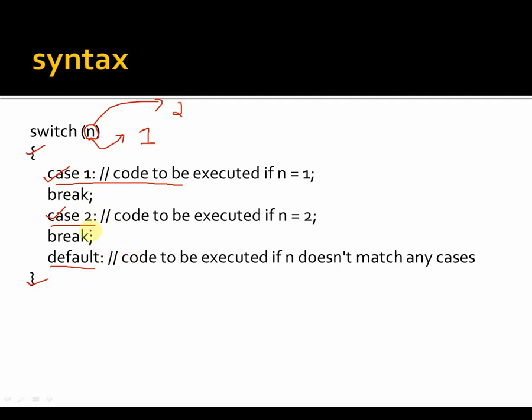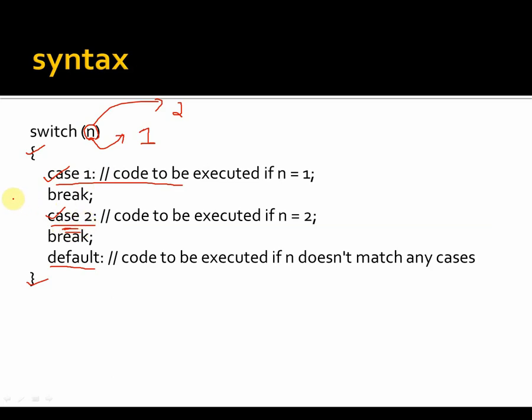So how do you write this? You write the case keyword, a space, the number of that case, put a colon, and after that whatever you write will be part of that case. Now when do you know a case ends?